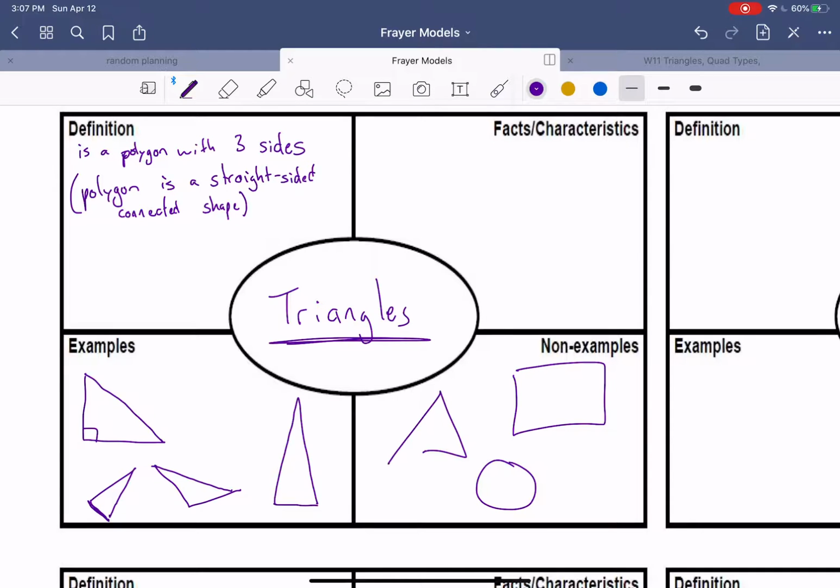And the facts that we are going to use a lot this unit, and we might come back and add to. Number 1, we know that the 3 angles add up to 180 degrees.